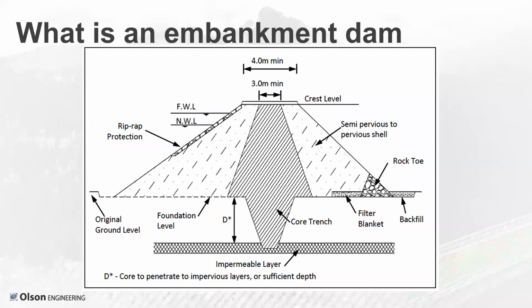We would use semi-pervious materials for the bulk of the surface of the dam. And then we would put on top of the semi-pervious materials a rock toe and riprap protection to reduce surface wear on those areas. And then quite often the top surface is also covered as well.